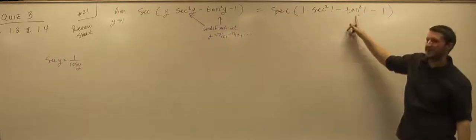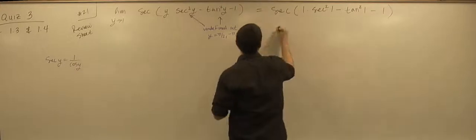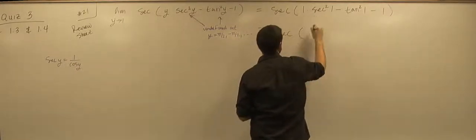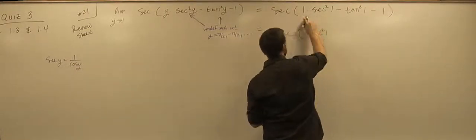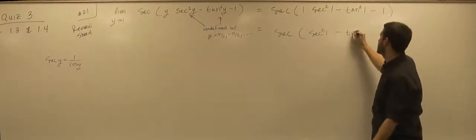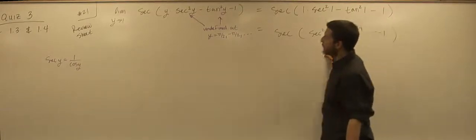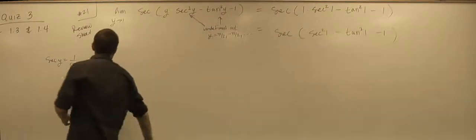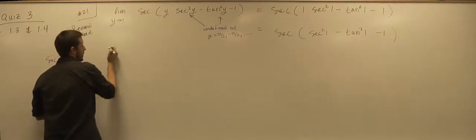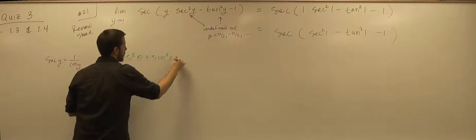What's secant squared minus tangent squared? 1. So this is secant squared of something. The 1 times doesn't change anything, right? So secant squared of an angle minus tangent squared of the same angle minus 1. And you should have an identity. Remember back in trig, you had things like cos squared theta plus sine squared theta equals 1.